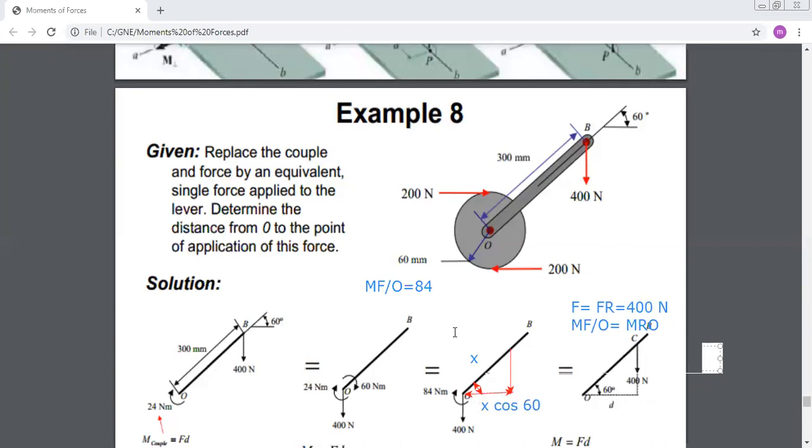So the moment is equal to the force F times the distance x cosine 60, which gives 400 cosine 60 times x. Your only unknown in this equation is x. So you found the distance I should displace the force with in order to replace my system by only one force.